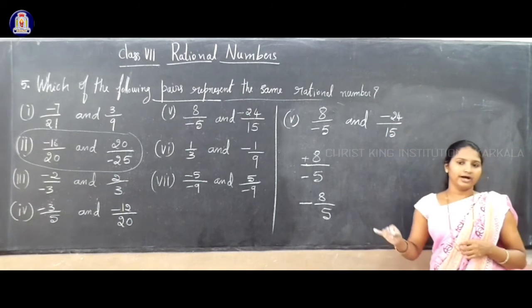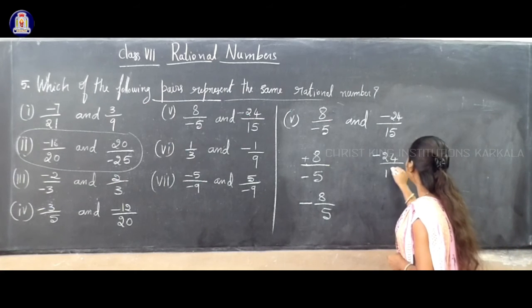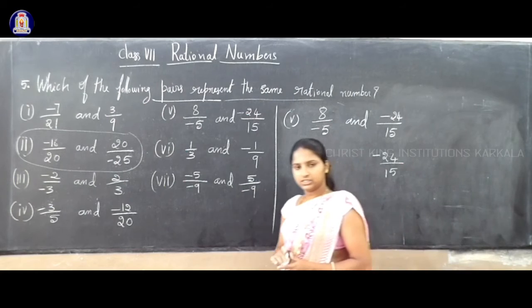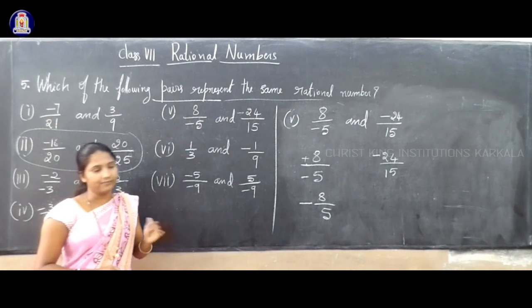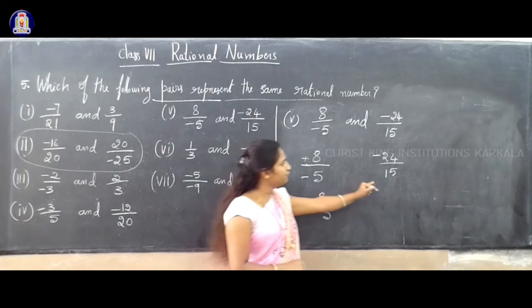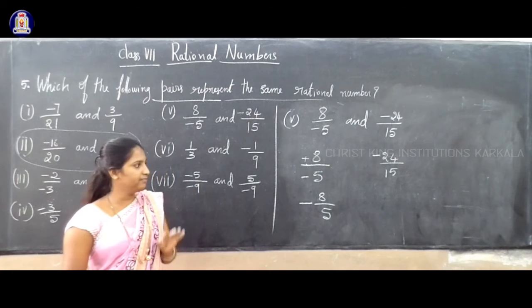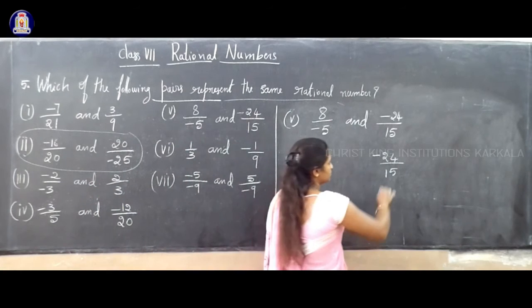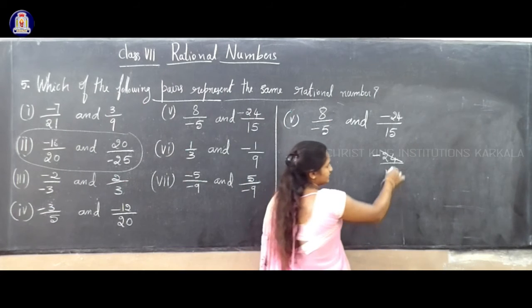See, the numbers 24 and 15 are divisible by the 3 table. If you know the table, you can easily identify it. So divide it. 3 how much is 24? 3 eights are 24.